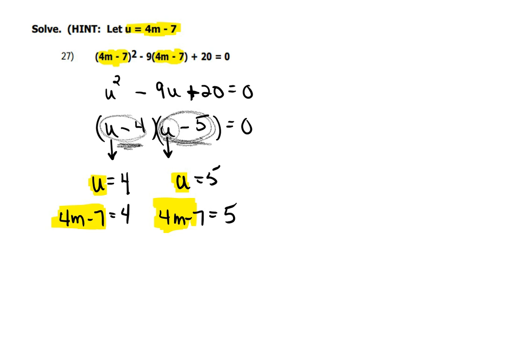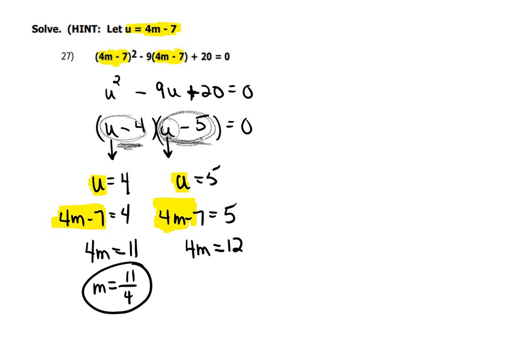So I'm going to add 7 to both sides here. 4 and 7 is 11, and then divide by 4, so I get 11/4. There's one answer. And add 7 over here. 5 plus 7 is 12, and divide by 4, and I get 3. So two answers to number 27 are 11/4 and 3.